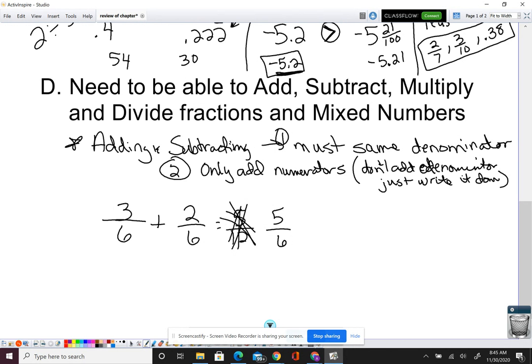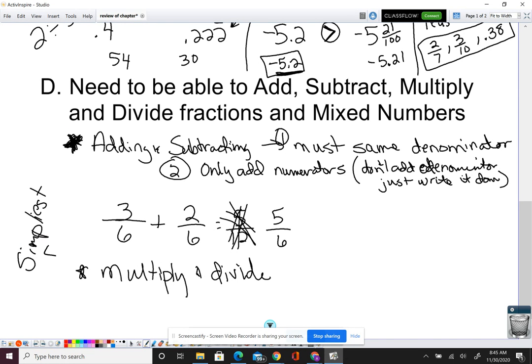What you're going to have to pay attention to, though, is the operational sign. Is it adding or subtracting, or is it multiplying, dividing? And you always want to write your answer in the simplest form. That means everything is reduced down, and written as a mixed number.